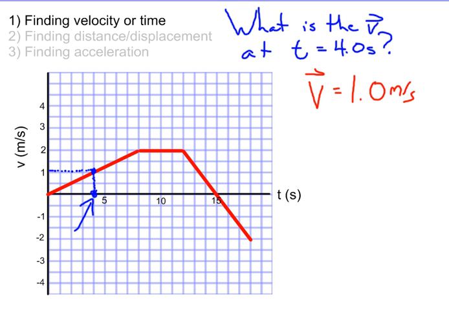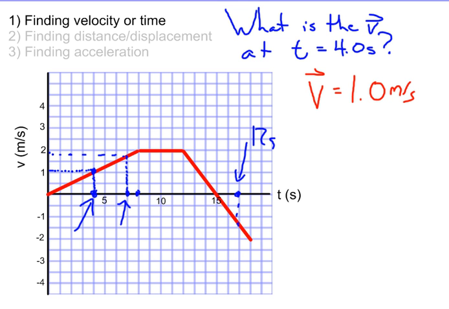If we ask what's the velocity at a time equal to 7 seconds, at the 7 second mark right here, we see that the velocity is about 1.75 meters per second. Finally, if we ask what's the velocity at 17 seconds, here's the 17 second mark.